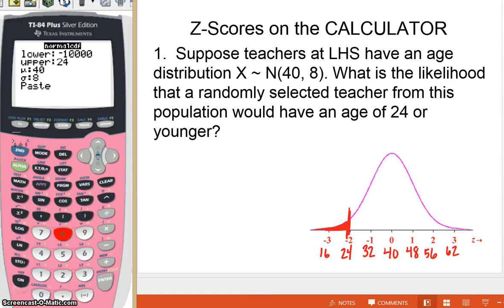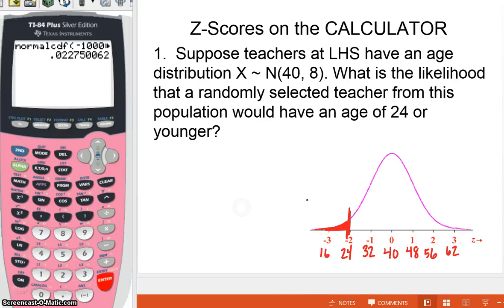So you don't actually have to transform this into Z-scores. You don't have to standardize the data. You can just type it in as is. Go down to paste, press enter. If you don't have this operating system, you need to type in negative infinity, comma 24, comma 40, comma 8, and you get 0.0228, which we said was about 2.5%.